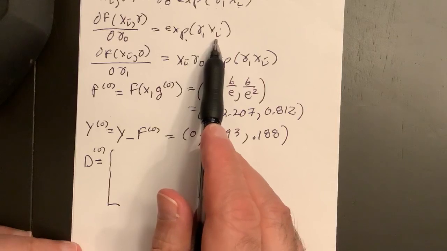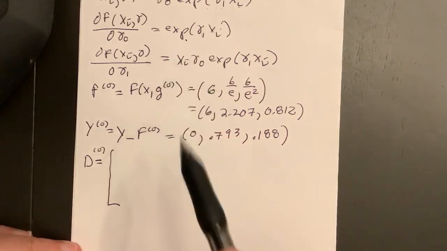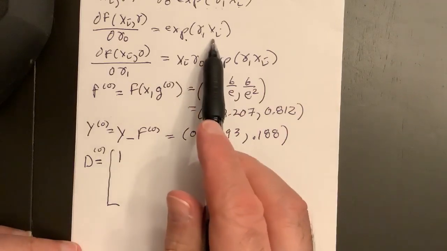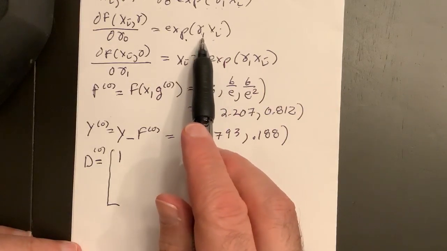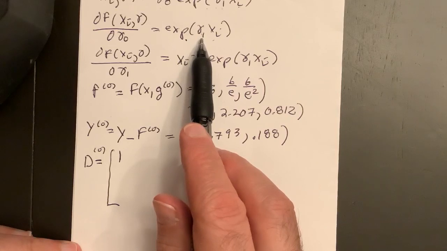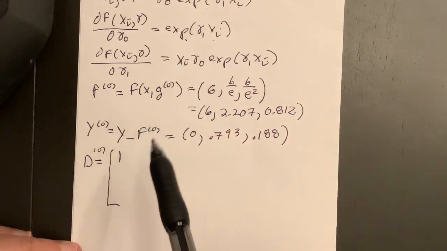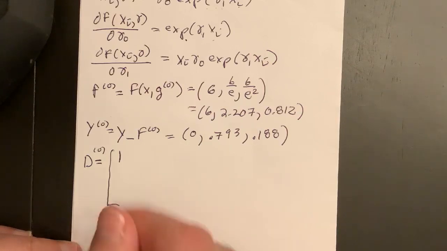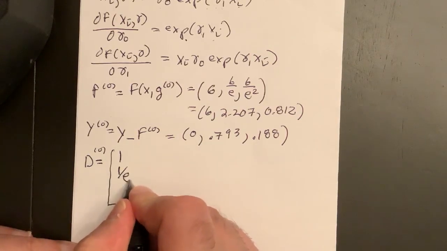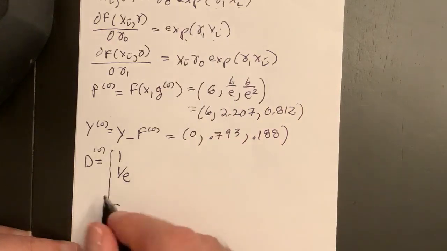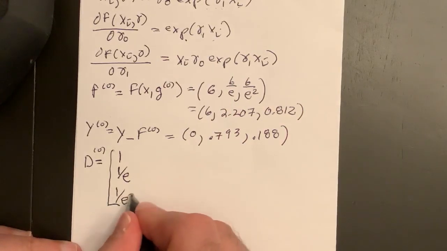If x1 is 0, I have e to the 0, so this is 1. Next one, I have 1 here, and I have g1, which is minus 1, so 1 over e. And now I have 2 and minus 1, so that's 1 over e squared.